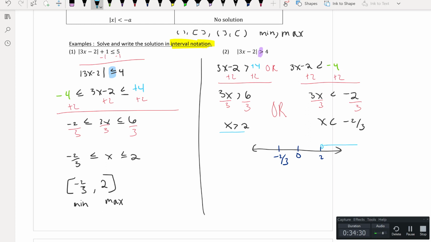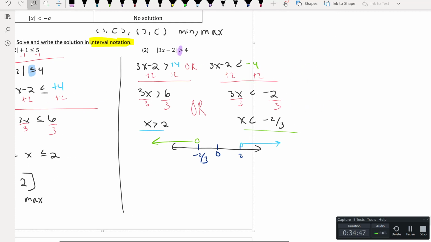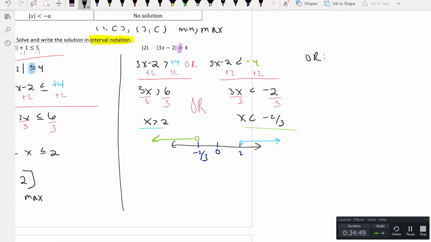So x is greater than 2 looks like this. For the second one, it's saying that x is less than -2/3. So that one looks like this. And I have the word or. So hopefully you remember from a few sections ago that if I were to say or, then it would mean the union.